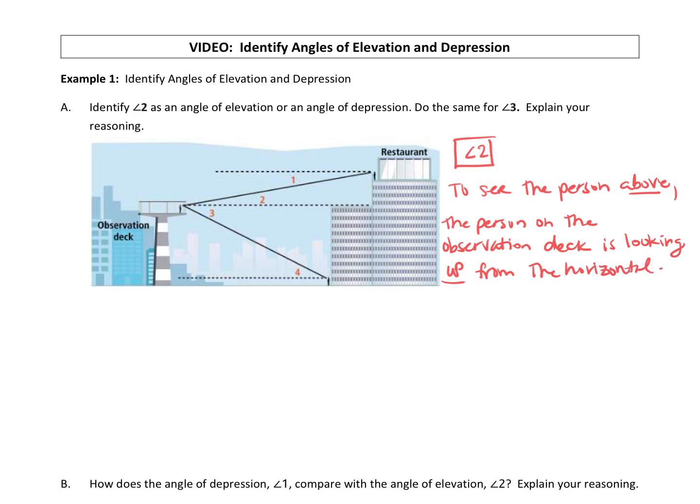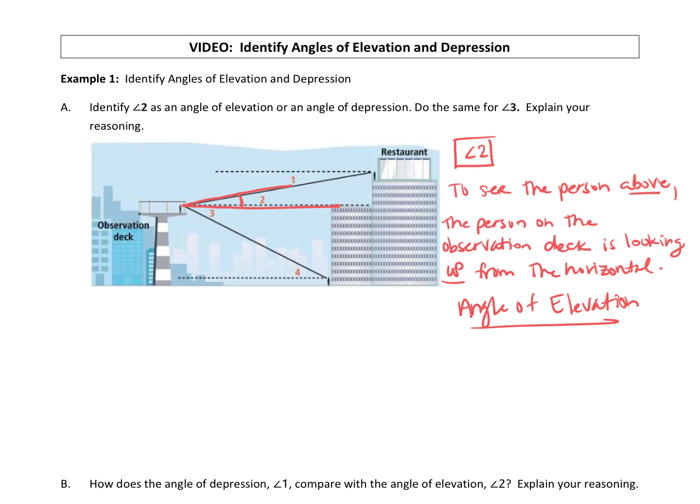So this is an example of an angle of elevation. So here's that horizontal. You can see the person is looking up here. So angle 2 is formed by a horizontal line and a line above it that is an elevation.